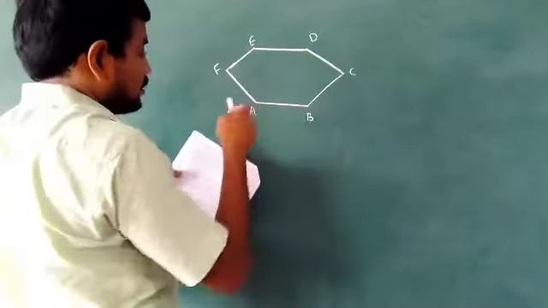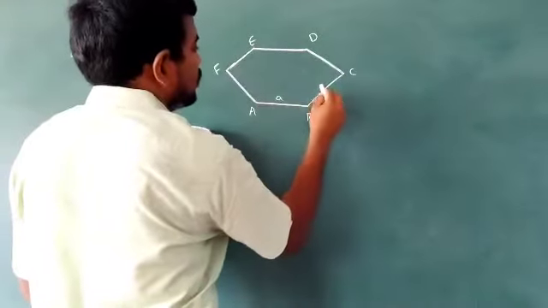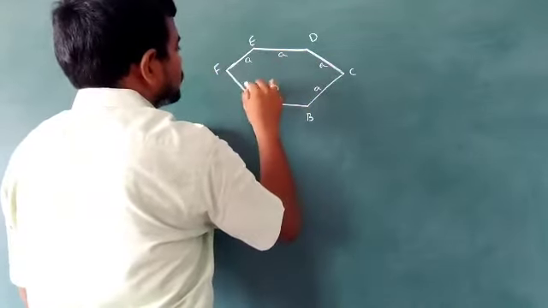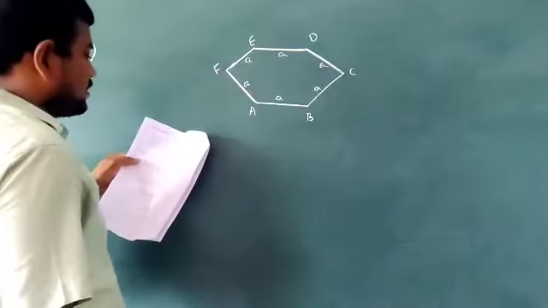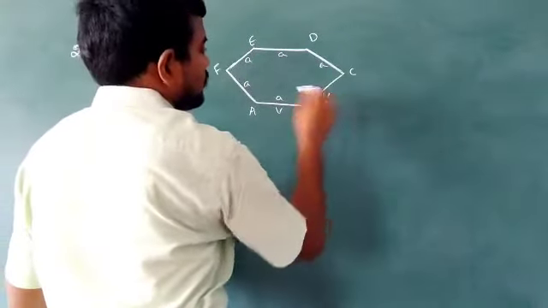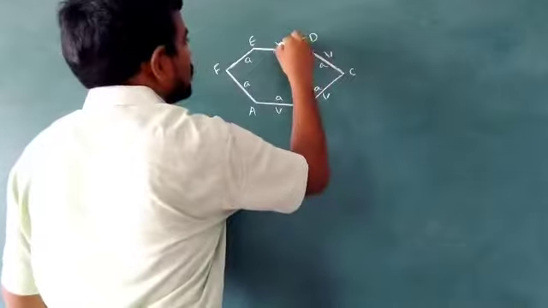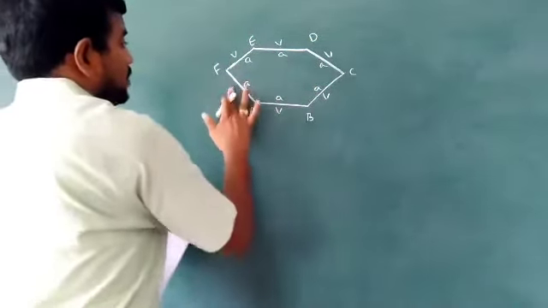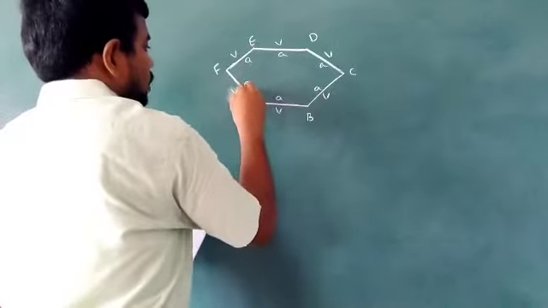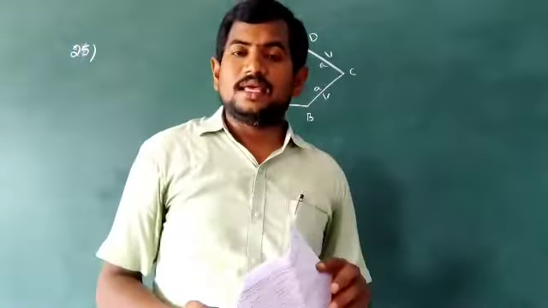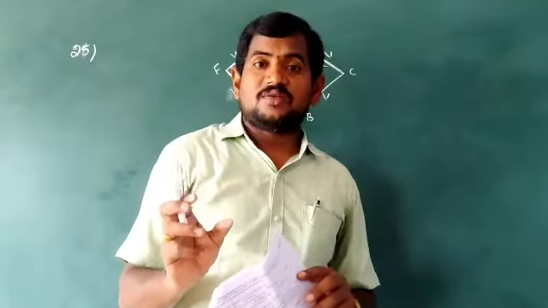But here the regular hexagon is given, all sides are equal and each side is given as a. That is given in the problem itself. And also it is given that it is traveling with uniform speed v. Everywhere, A to B, B to C, D to E also, it is moving with uniform speed v. So we know what is the necessity of calculating the average speed.